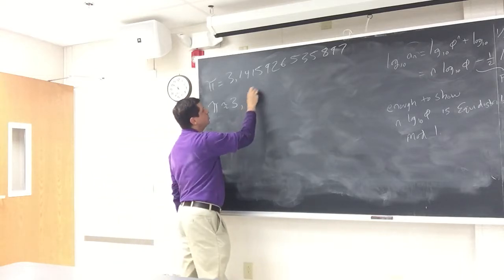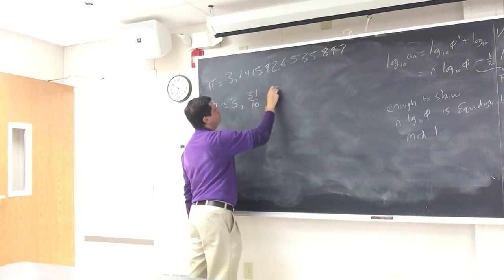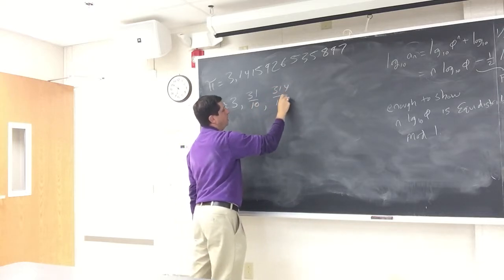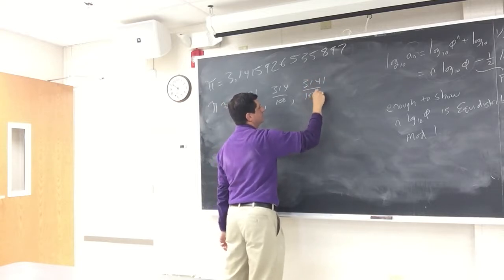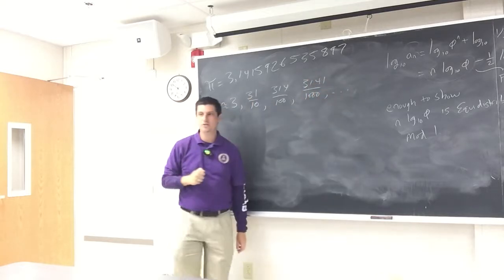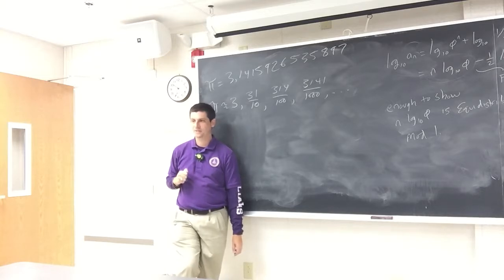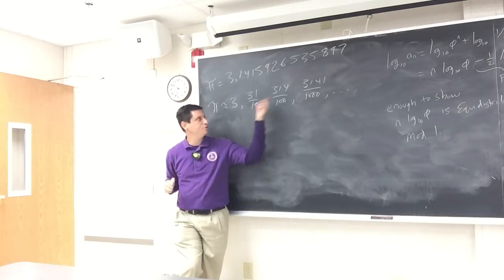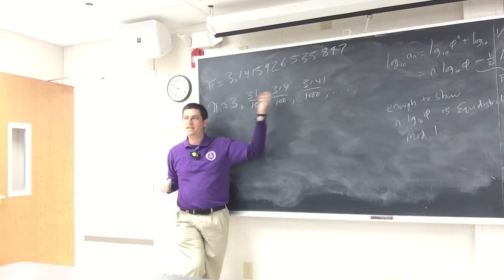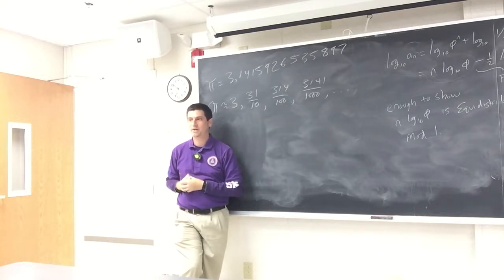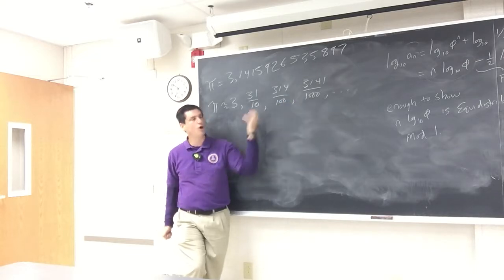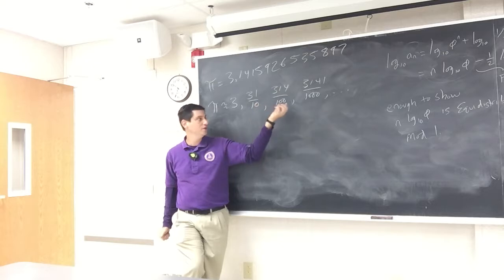Yeah, so we can do it slowly. 31 over 10, or 314 over 100, or 3141 over 1,000. Are these approximations getting better? Yes, they're getting better, but they're also expensive. The way I get an extra digit is I'm basically multiplying my denominator by 10. And so we measure the cost of an approximation by the size of the denominator.